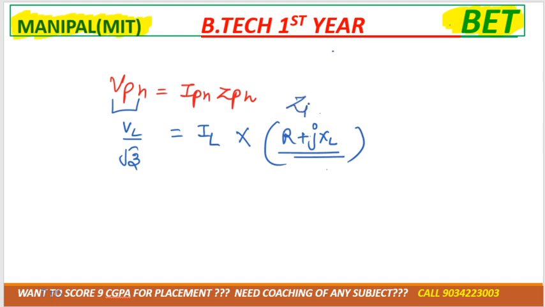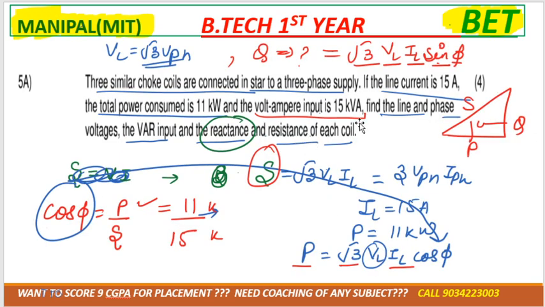So from here we can get ZPH, and we have to convert it into rectangular form. By comparison we can get the values for R and XL. And you know XL is equal to 2 pi FL. They didn't ask for L, they asked only for reactance, means XL. So this would be a homework question.